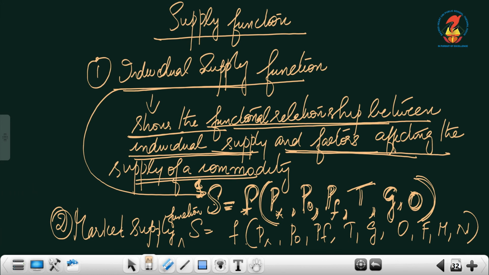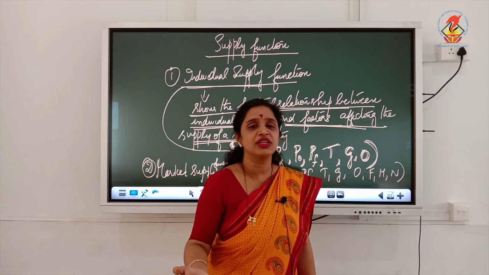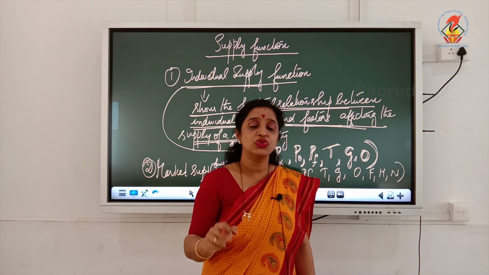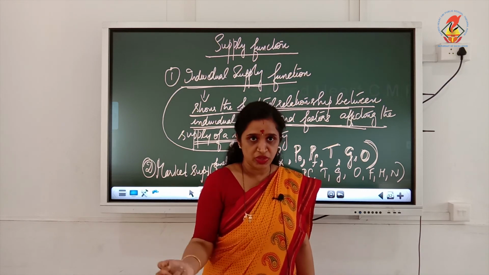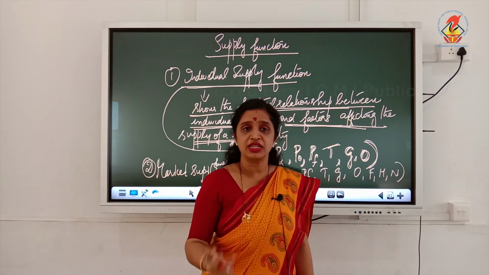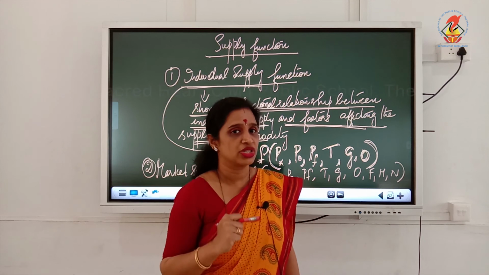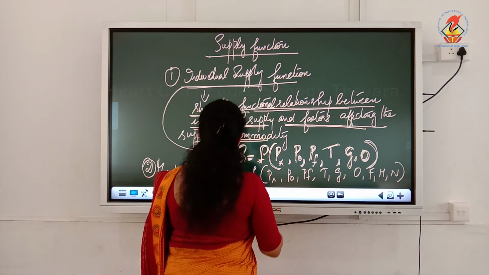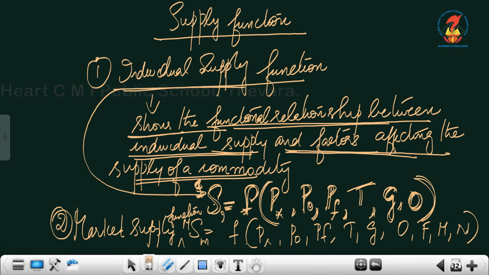So, the functional relationship between individual supply and factors affecting individual supply gives you the individual supply function. The functional relationship between market supply and factors affecting the market supply will give you the market supply function. How will you write the market supply function then? You can write MS or SM or SI, any way you like, whichever is easy for you to understand.